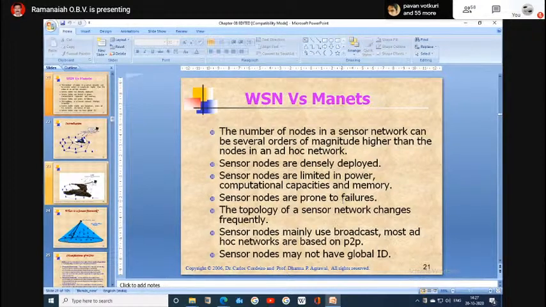But when it comes to WSN, if you take a simple application like weather monitoring, you find a few lakhs, a few millions of sensor nodes. That's the scale of difference. Network size is of that order. Sensor nodes are very densely deployed, and mostly there will be overlapping.